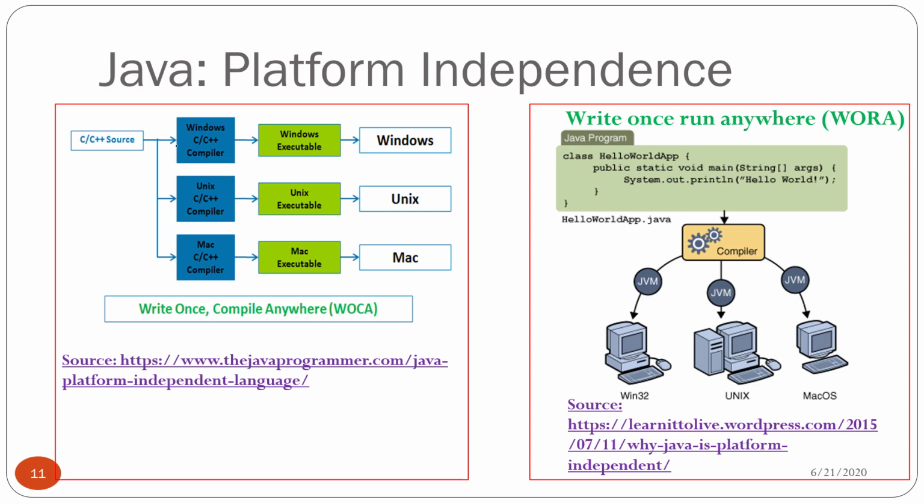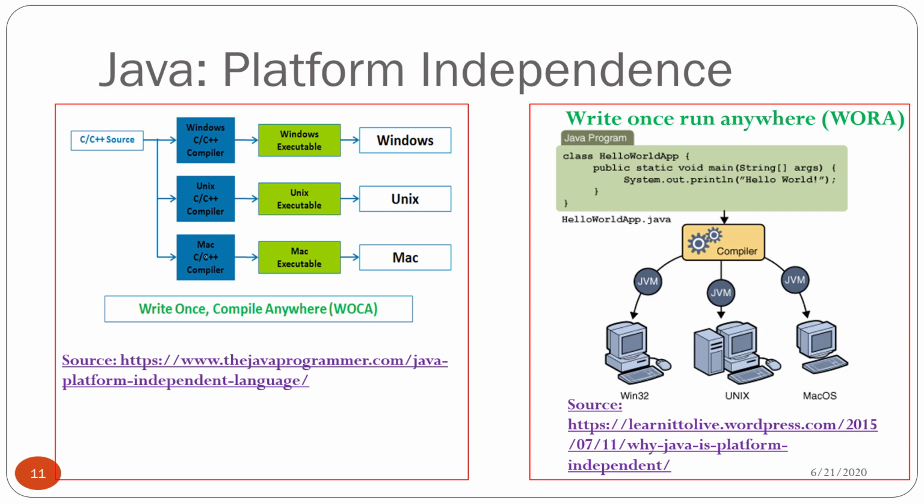So the compiler that you have on Windows will convert the program into a Windows executable. Similarly, the Unix operating system has a Unix compiler. It will compile the C source code and convert it to the Unix executable.